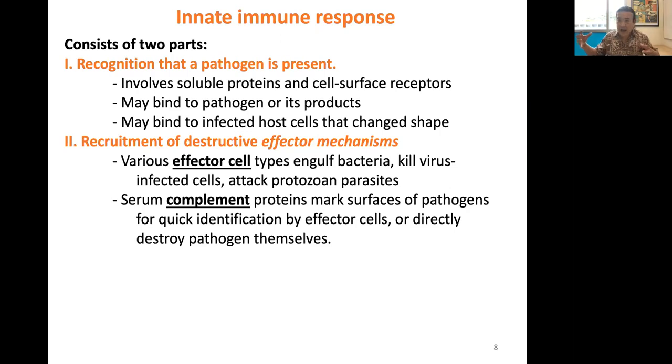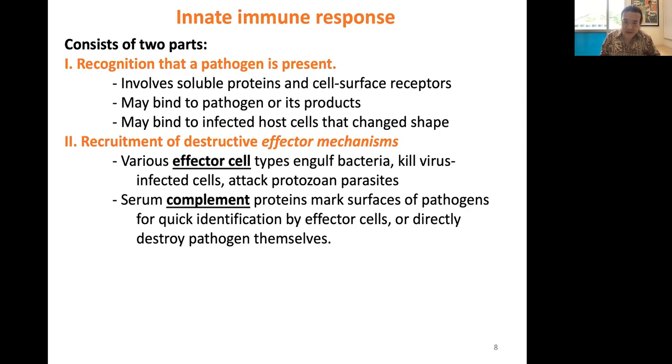Some of these are not actually full-blown cells themselves, but certain proteins that are part of our innate immune system can actually directly attack and destroy targets as well. Examples of these are a family of proteins known as complement proteins that are abundant in the serum of your blood. You're filled with these complement proteins. They're made by your liver, and they're constantly flowing through your blood, waiting to bind to certain types of generic kind of targets.